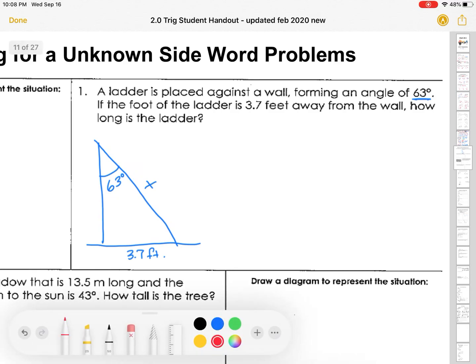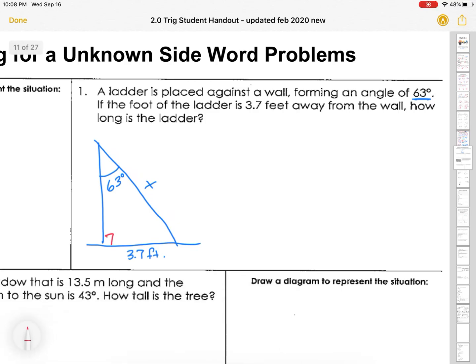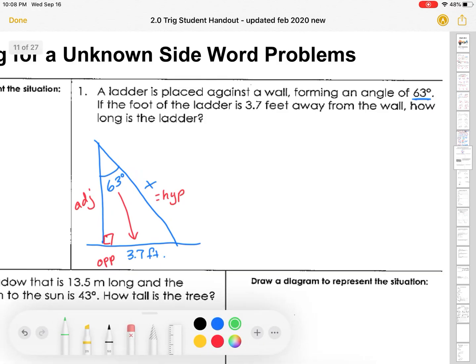I can follow those same steps. So the first thing I'm going to do, now that I've got my picture, is label. So this will be our square angle. So this would be our hypotenuse. This would be opposite. So that means this is adjacent.